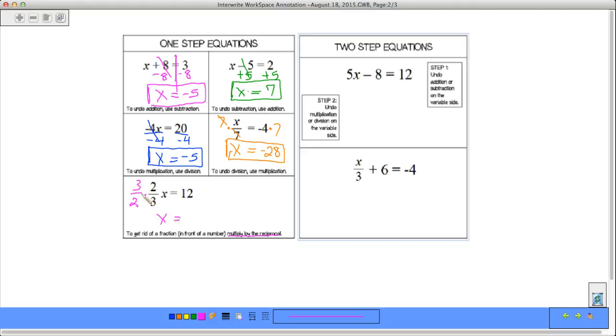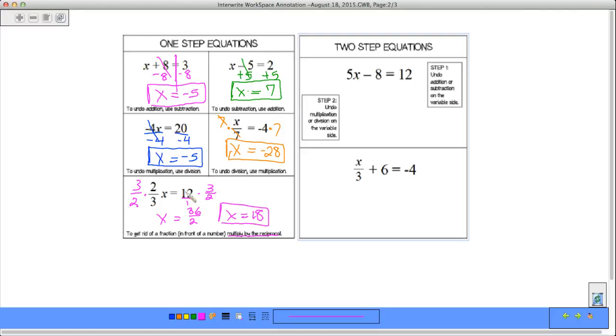But whatever I do over here, I have to do on the other side. So I'm also going to multiply this by 3 over 2. You can multiply straight across. So 12 times 3, which would be 36, divided by 2, because you have 1 times 2. So this is 36 over 2, which is just 18.